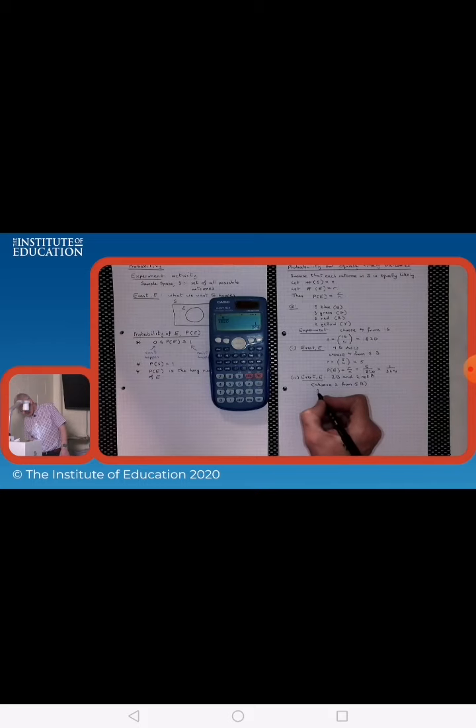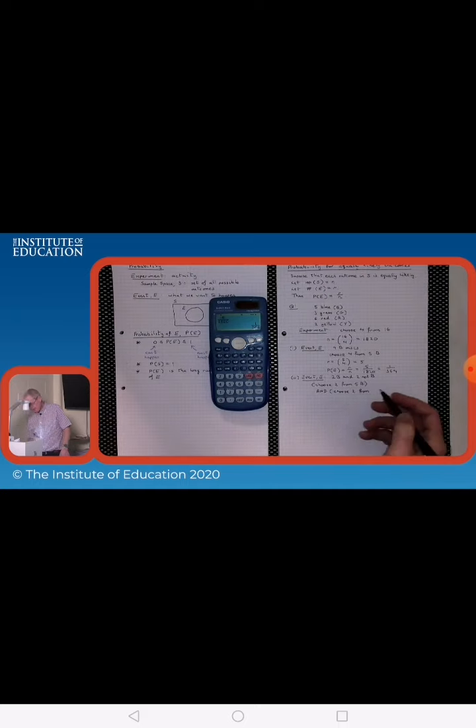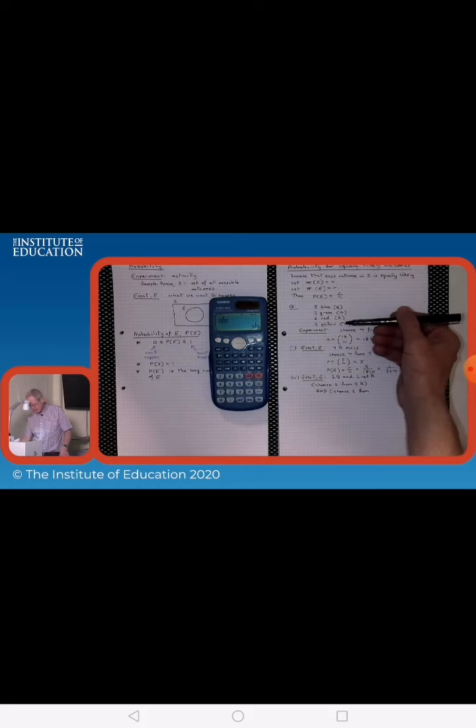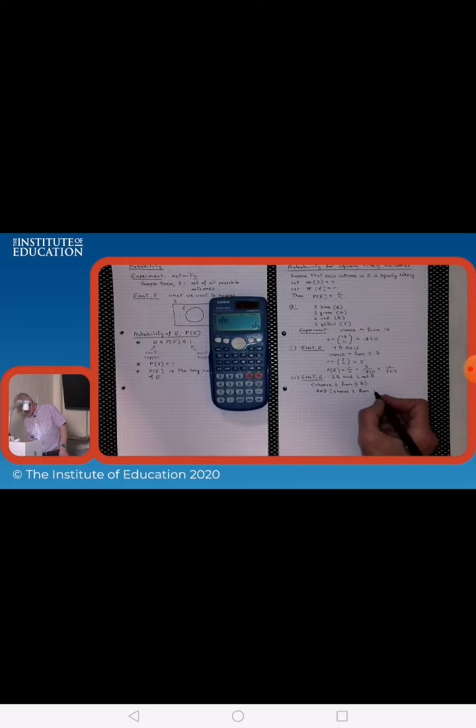So the link word here is the word and. So as well as choosing 2 from the 5 blue, we need to choose the other 2 from, I'm just going to say the others. Now, out of a total of 16 discs, if 5 are blue, then 16 minus 5, 11 are not blue. So I'm just going to say choose 2 from 11 others.